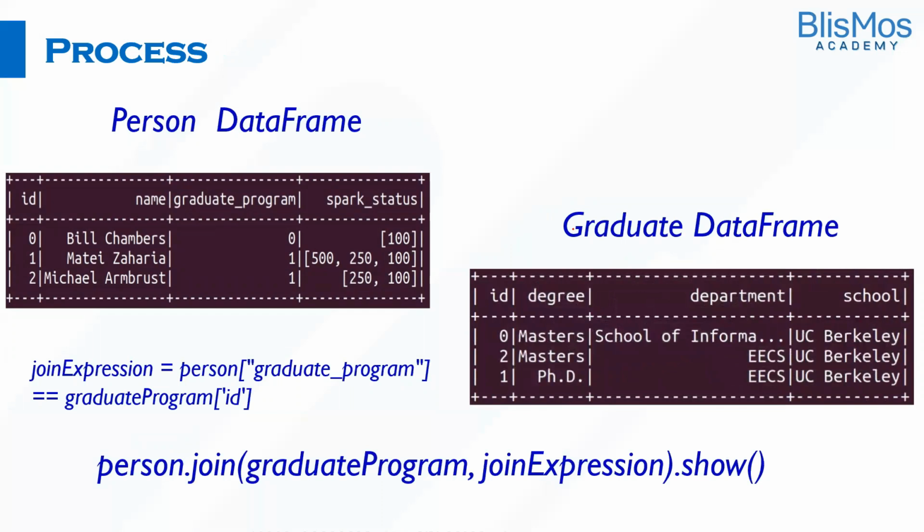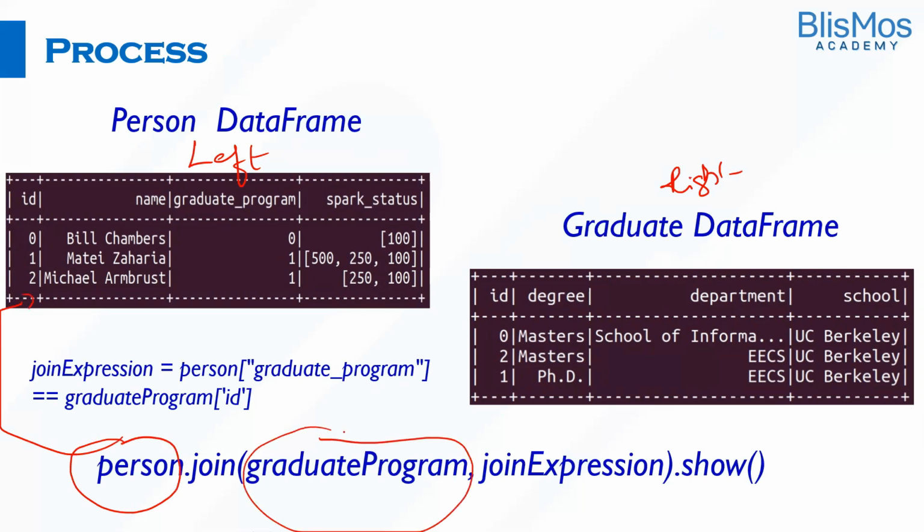The next important thing is you need to create a join. Whenever you are trying to join, you have two data frames. We already understood that. The data frame on the left side is called the left data frame. The data frame on the right is called the right data frame. Now, we are trying to join the person data frame with the graduate program data frame.